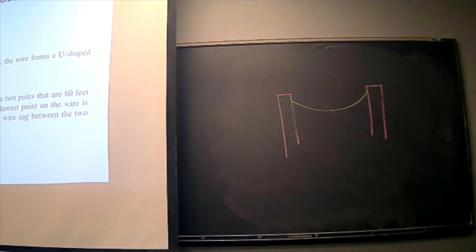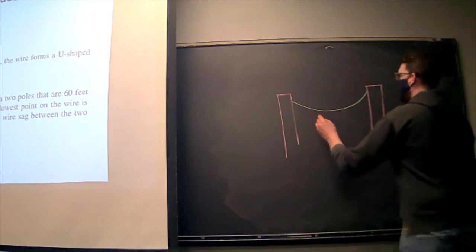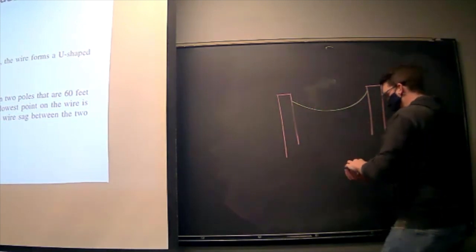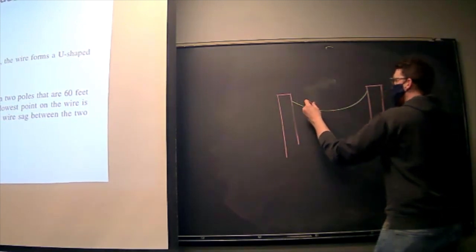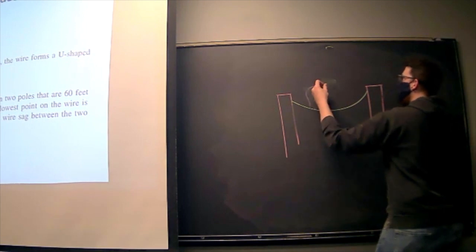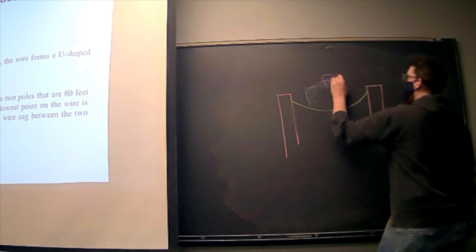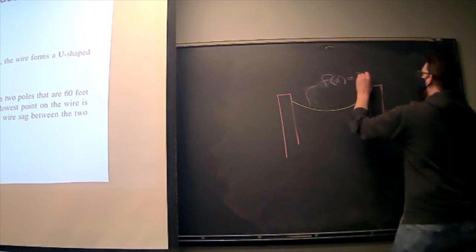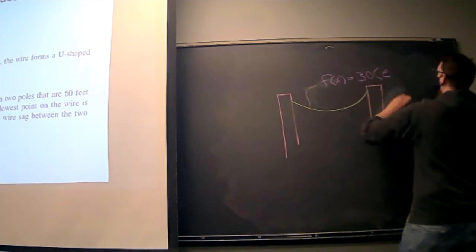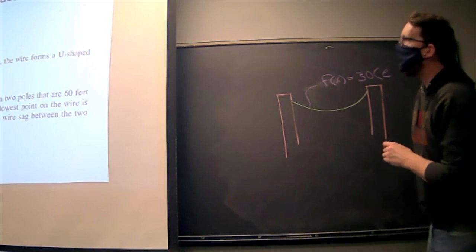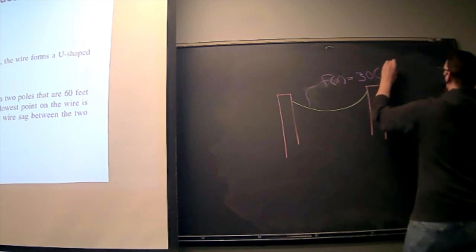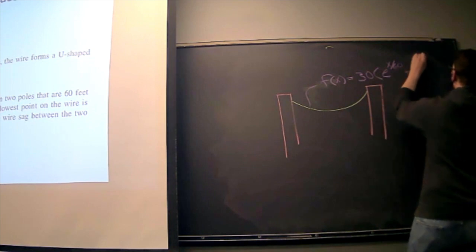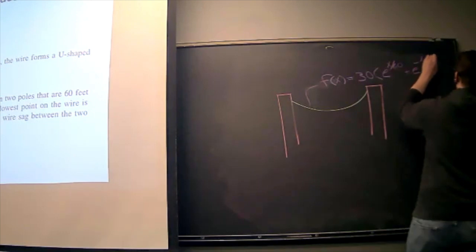In our case, let me use a different color, this could be modeled with a function f of x is equal to 30 times e to the x over 60 plus e to the negative x over 60.